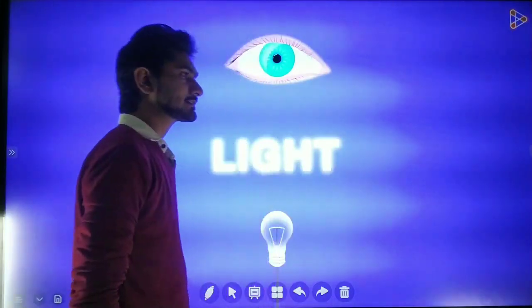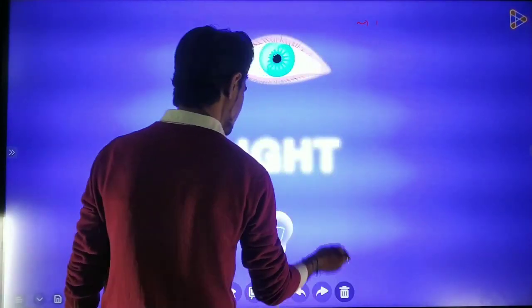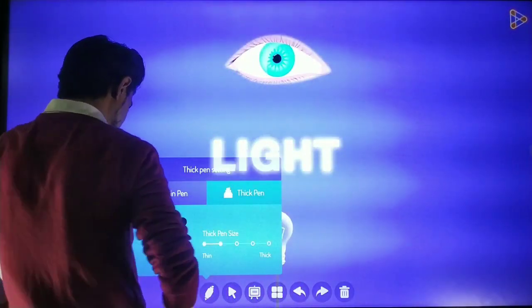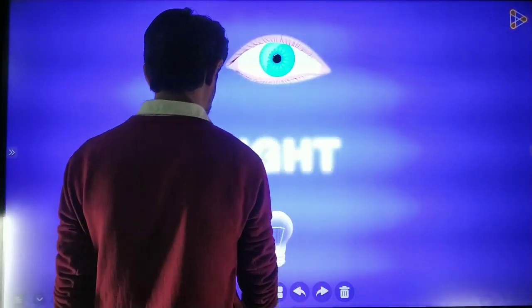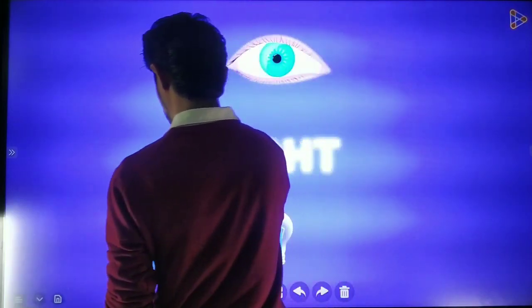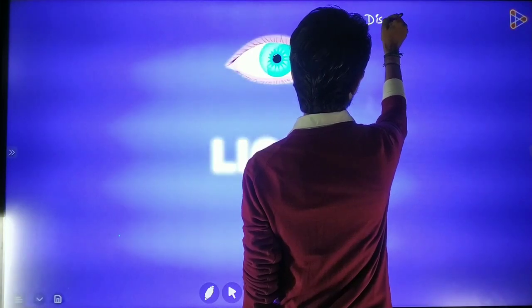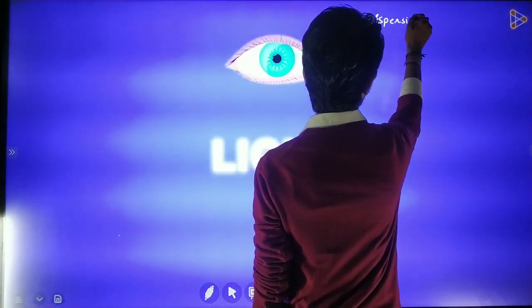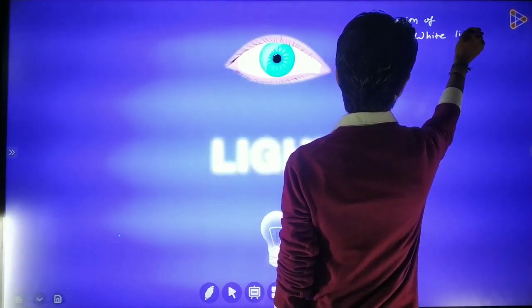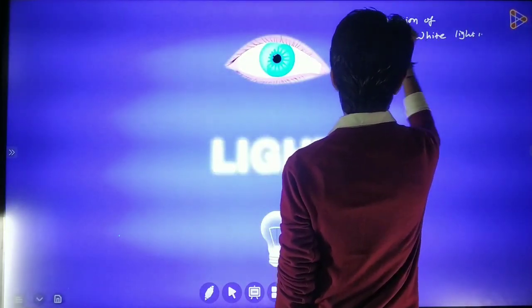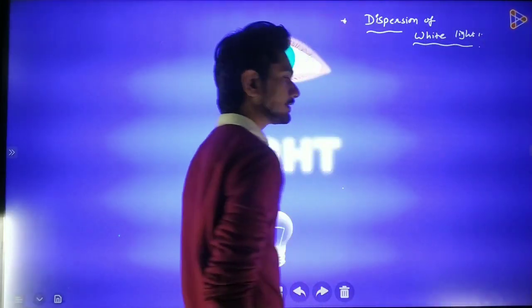Now let us discuss the topic called the dispersion of light. We will change the color of the marker. Now what is dispersion?